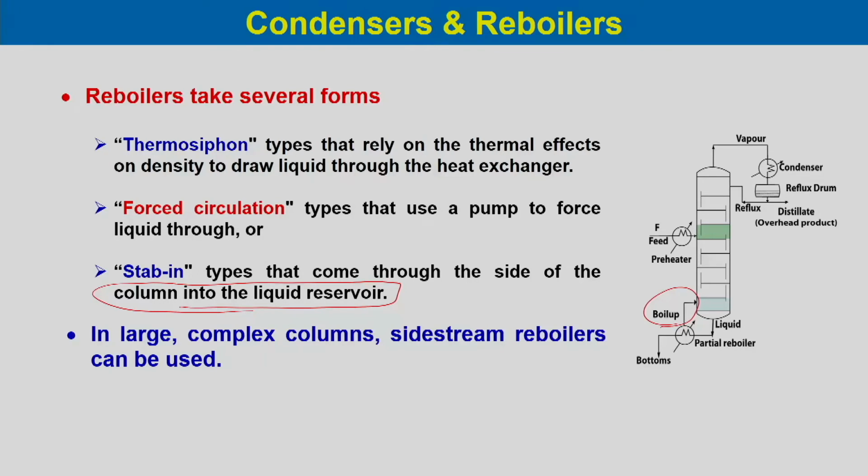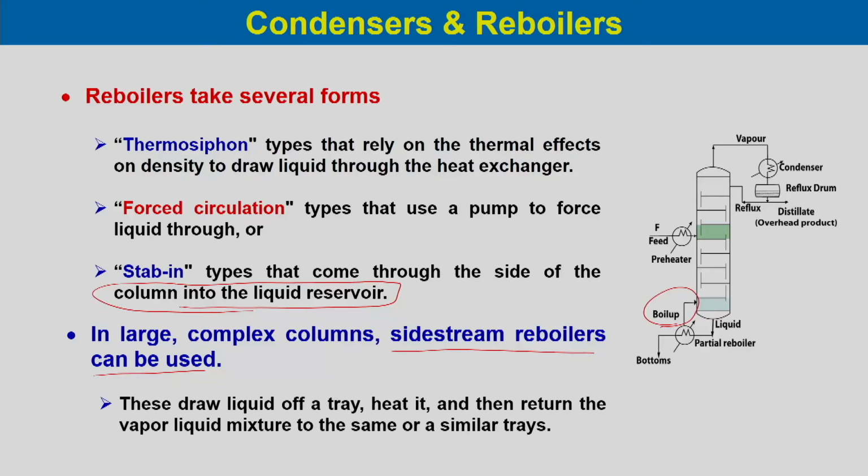In large complex columns, side stream reboilers can also be used. Basically, you will get this in petroleum refineries. Side stream reboilers are generally used in the large and complex columns in the refineries. These draw liquid off a tray, heat it, and then return the vapor-liquid mixture to the same or a similar tray.